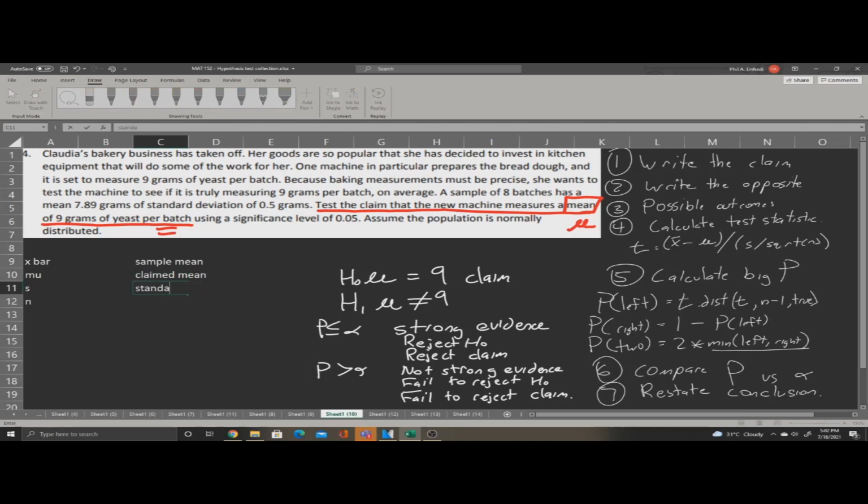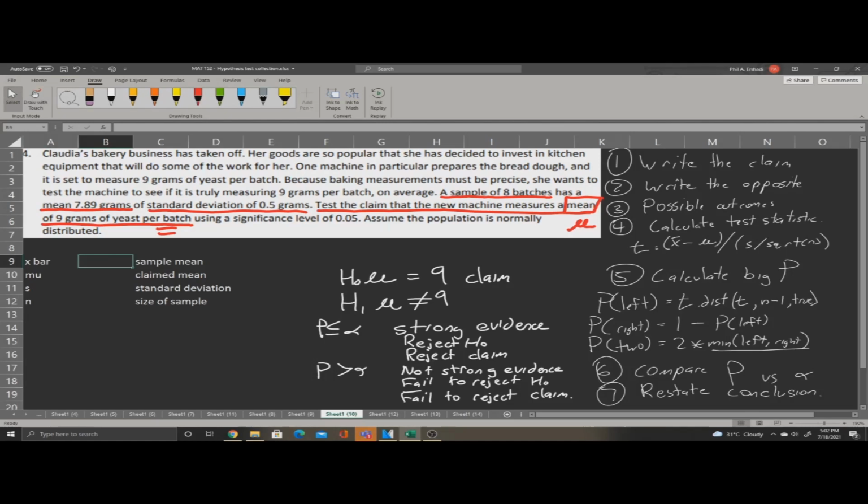S is the standard deviation, and n is the size of the sample. Now let's go through the question again and look for a sample mean. Here in line 4, it tells us we have a sample of 8 batches, a mean of 7.89 grams, and a standard deviation of 0.5 grams.